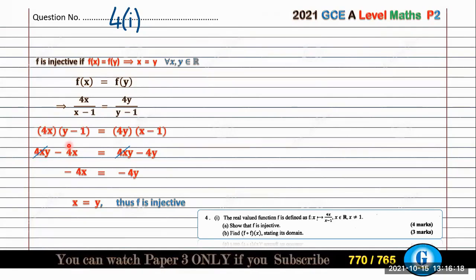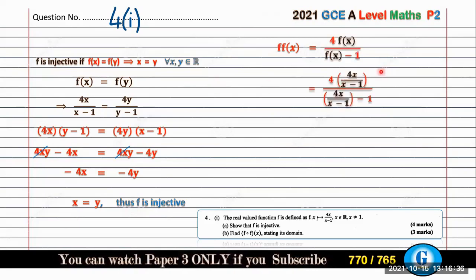Now find the composite function f of f of x and state its domain. You are going to replace x in this function by f of x. So f of f of x will be equal to 4 f of x over (f of x minus 1). This equals 4 into 4x over (x minus 1), over 4x over (x minus 1) minus 1.